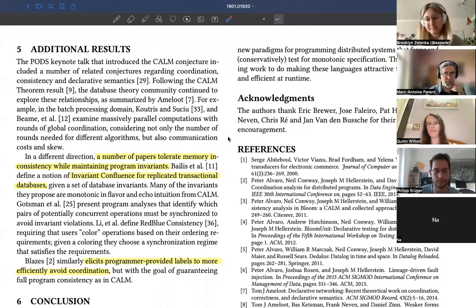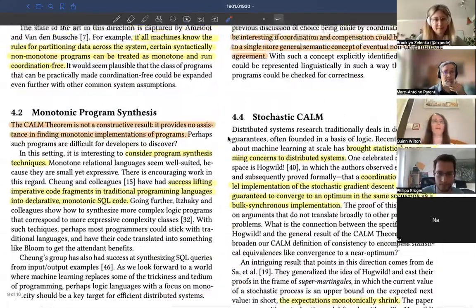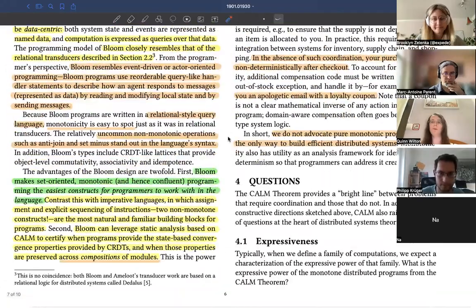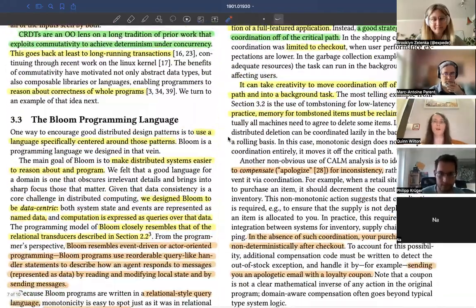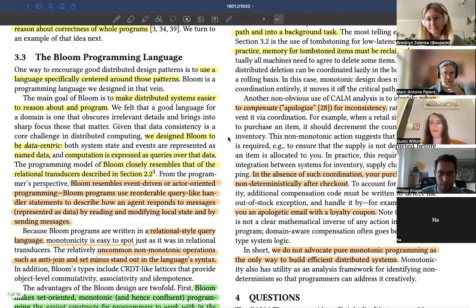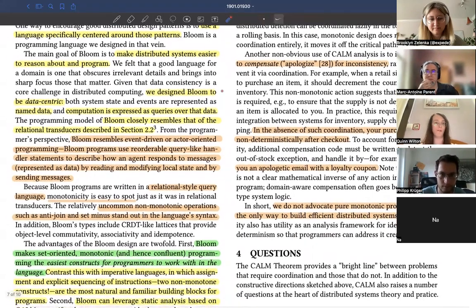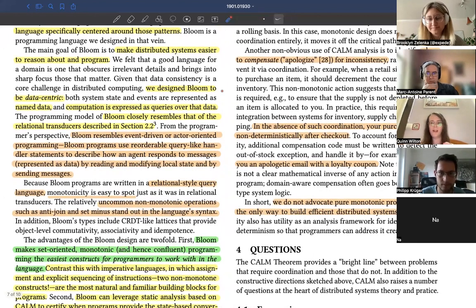I think it was possibly Brooklyn earlier who mentioned the checkout example, where they might offer you a coupon to deal with the faulty checkout. Even though that might not be the right solution, I think it's a very powerful example of where this sort of result comes in handy, because it makes the parts of your program that cannot be represented monotonically explicit, so that you can see where the computational model you're working under does not align with the real world and with your business needs.